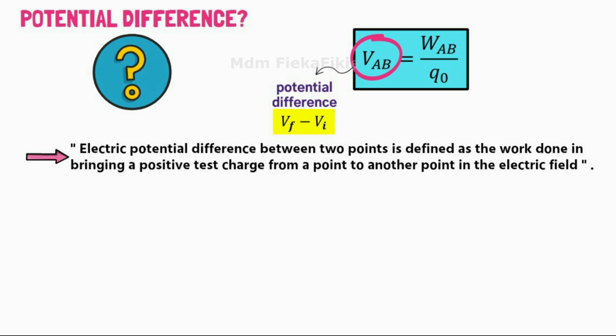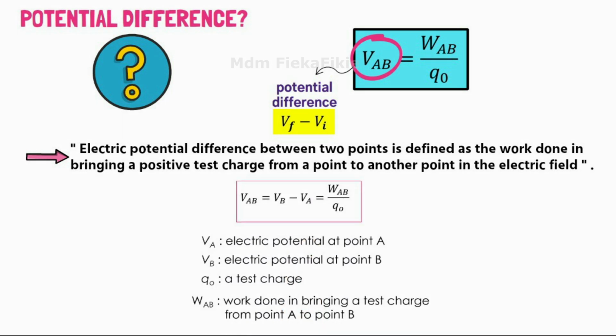But the equation that relates the work done and the electric potential difference is VB minus VA is equal to WAB over Q0.